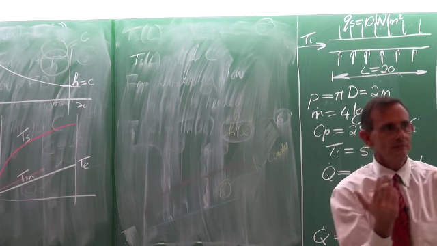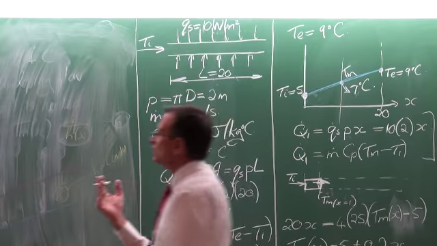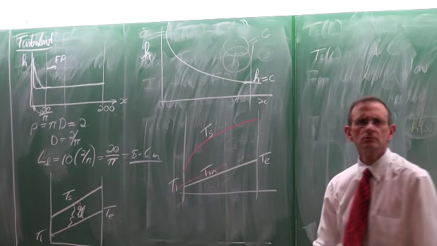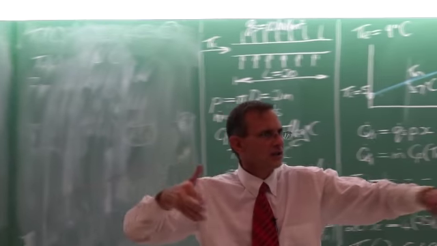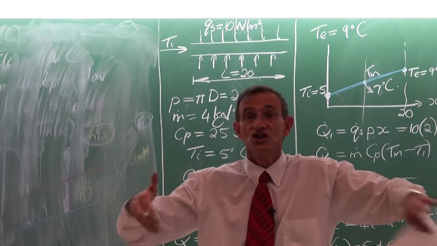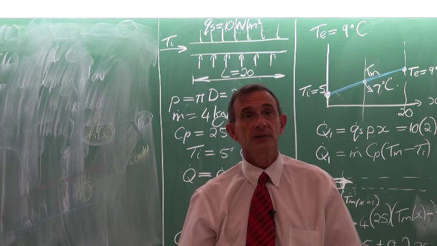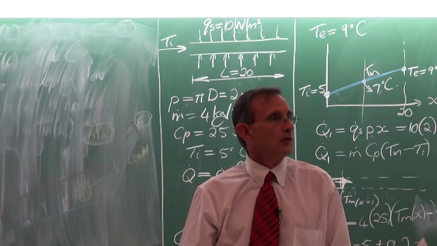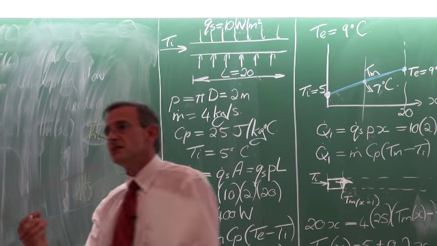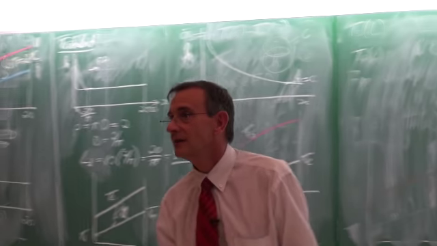Why? Why would they typically only use the fully developed value and not take into consideration how the heat transfer coefficient changes as the flow is developing? The reason is it gives you conservative values.